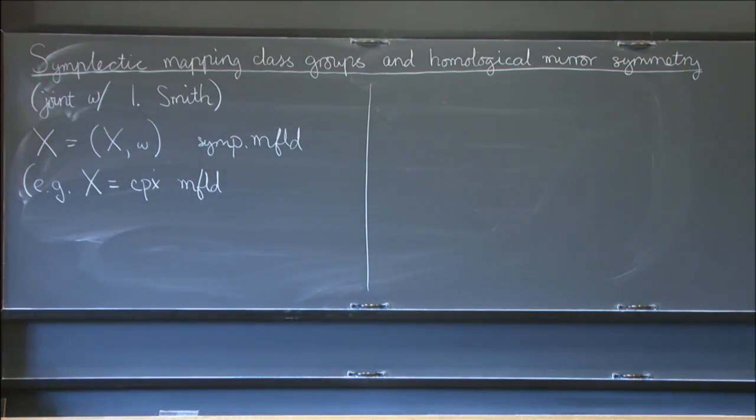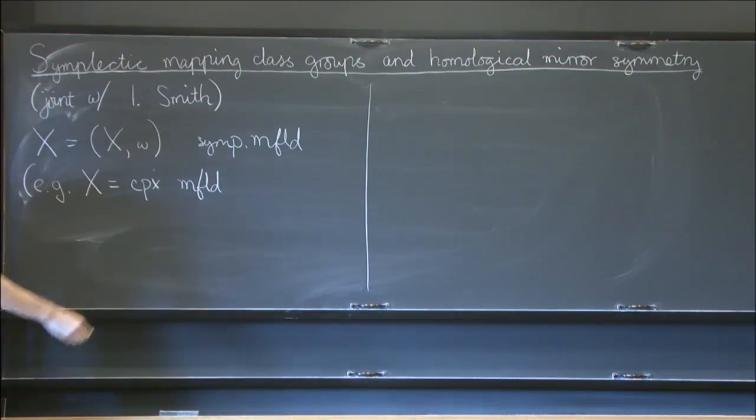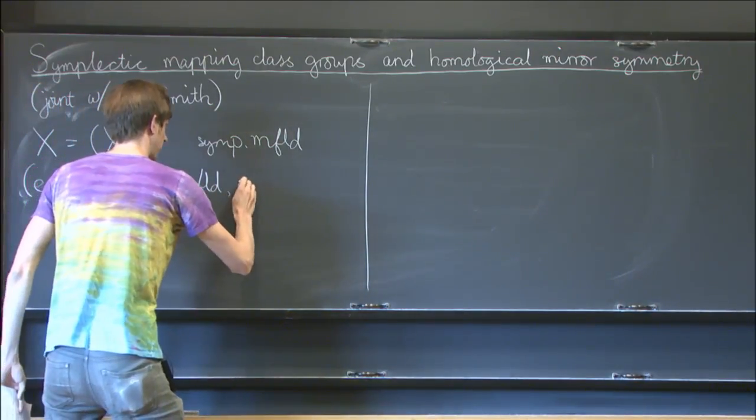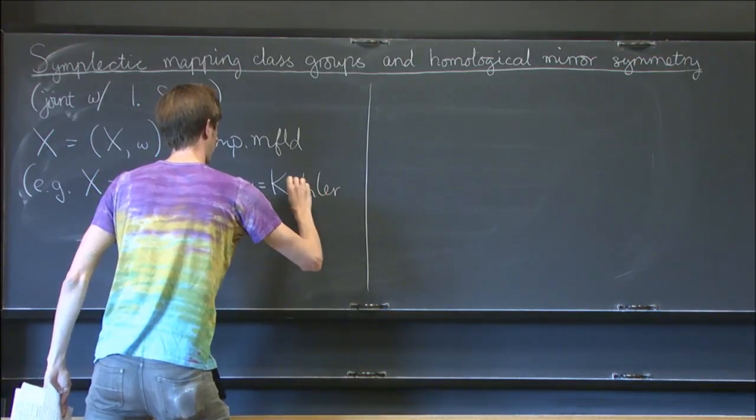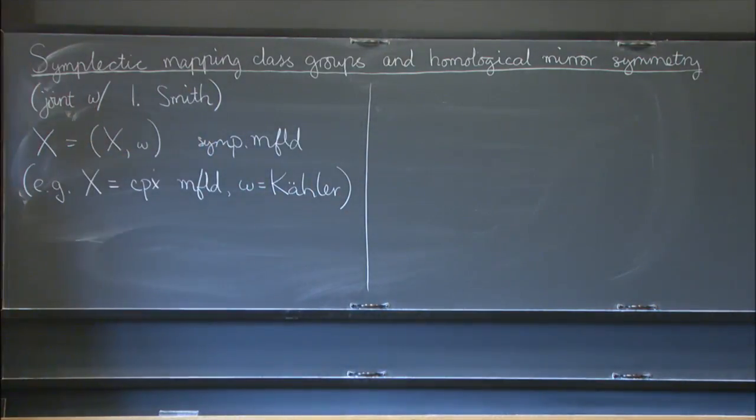An example, but not the only example, is where X is a complex manifold and omega is a Kähler form.